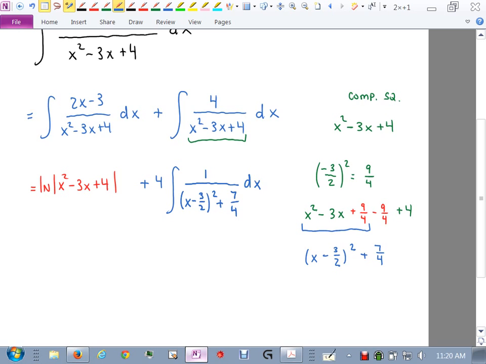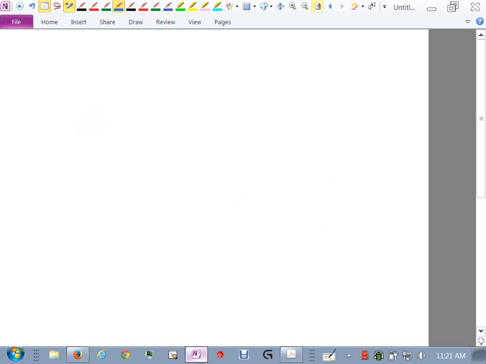Now I want to point you to a formula. There's a formula on your formula sheet. It's the one for arctan, but there's something in the formula that is subtle we need to point out. Number 17 says the integral of du over a squared plus u squared equals 1 over a arctan of u over a plus c.